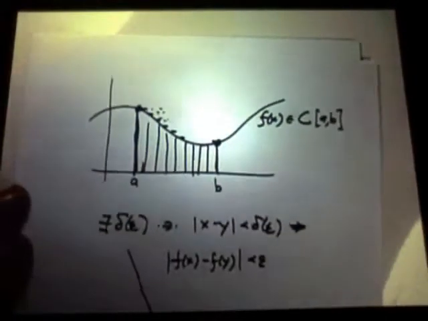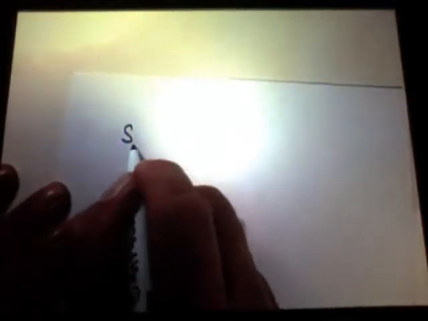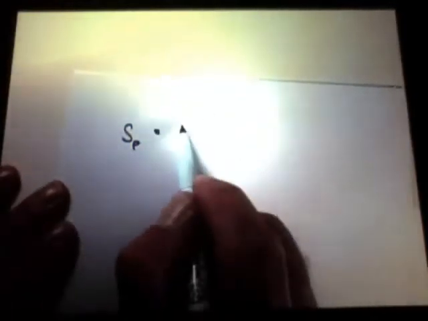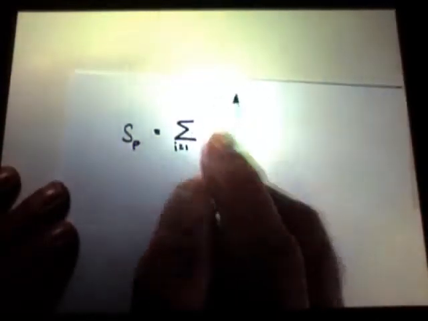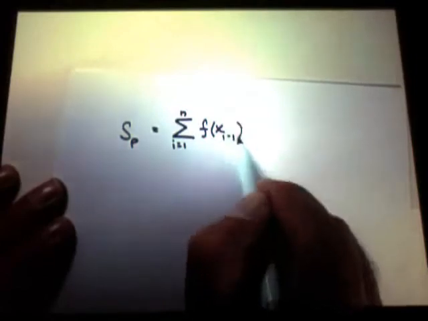So back to this picture. Let's make a Cauchy sum. What's a Cauchy sum? Let's call it S sub P, where P is the partition. It's something that looks like this: the sum from i equals 1 to n of f of x sub i minus 1.